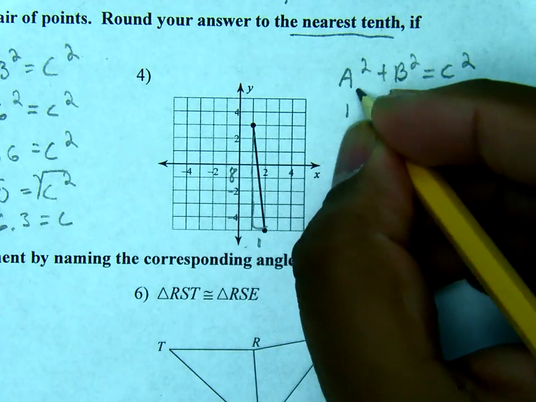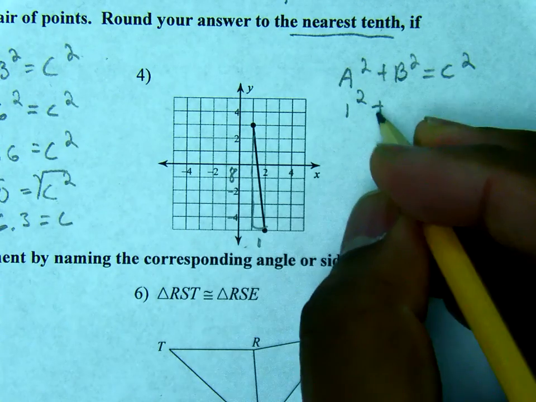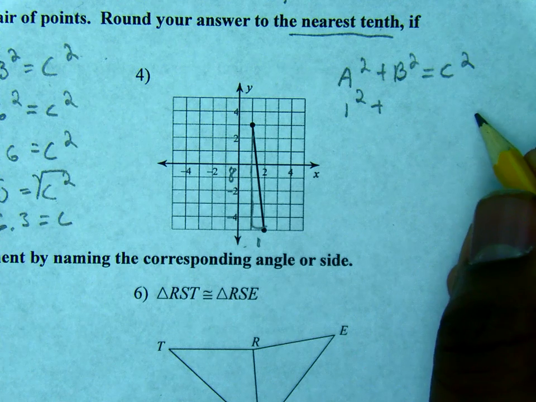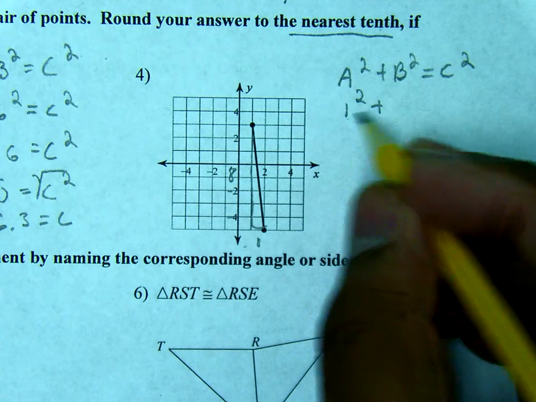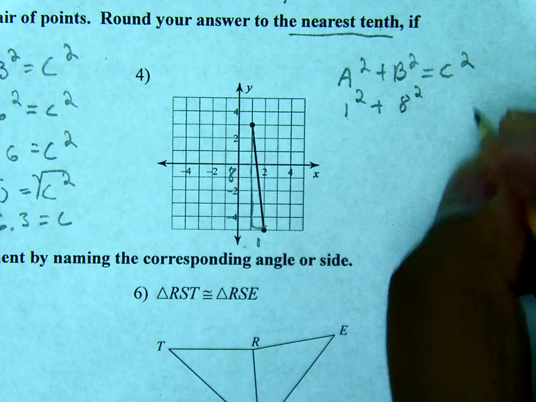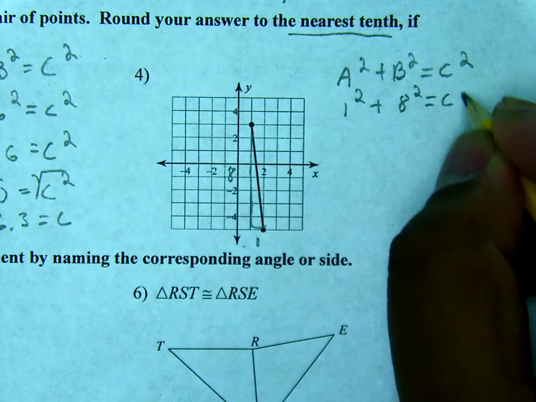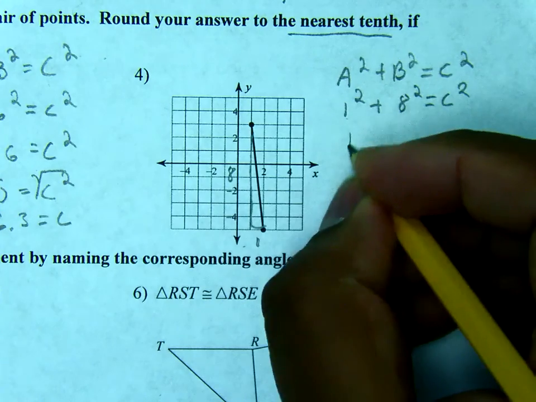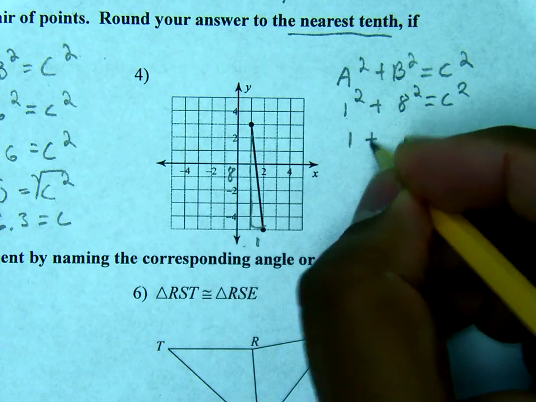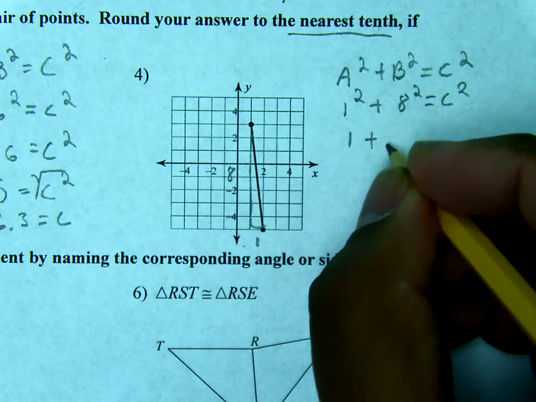It doesn't matter which one you put for a or b, as long as you don't put it there for c, because it's not the hypotenuse. So you can put your 8 here and 1 here. Now we have 1 squared is 1, and 8 squared is 64.